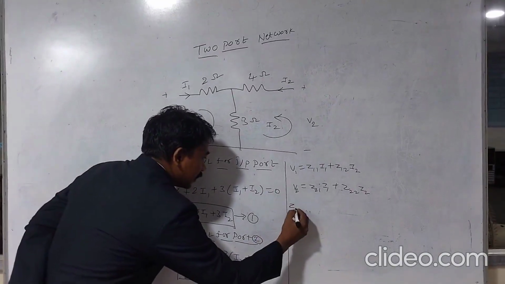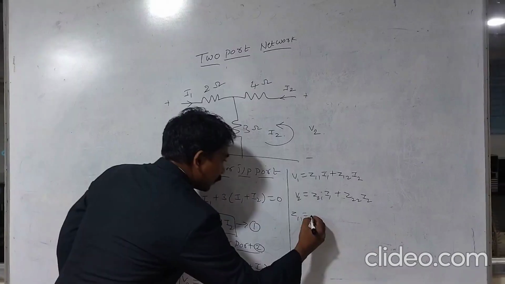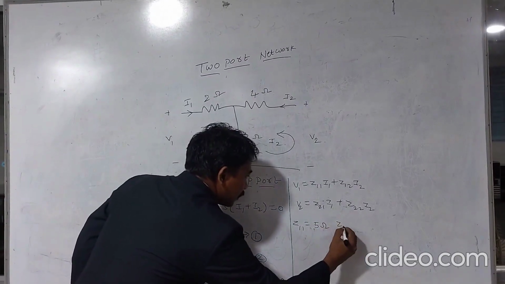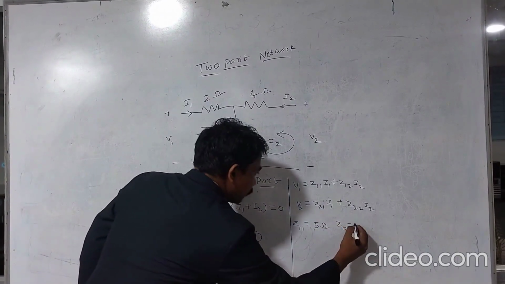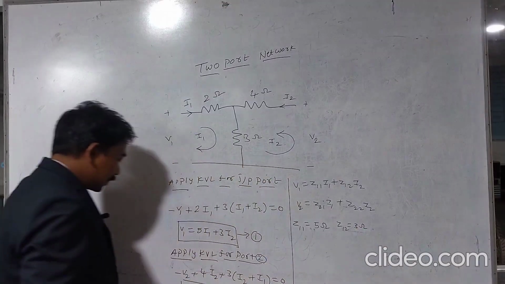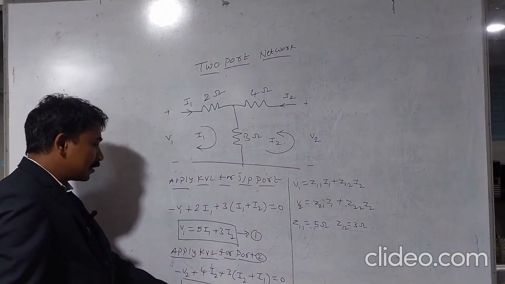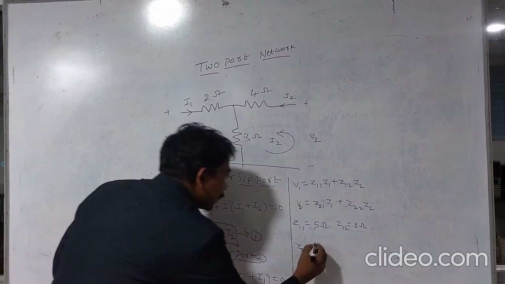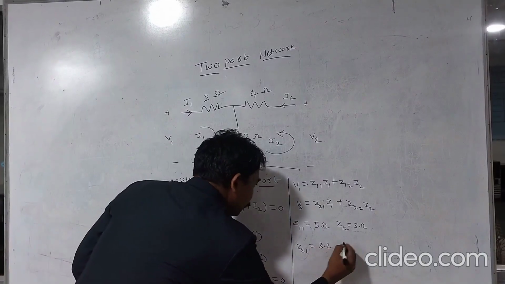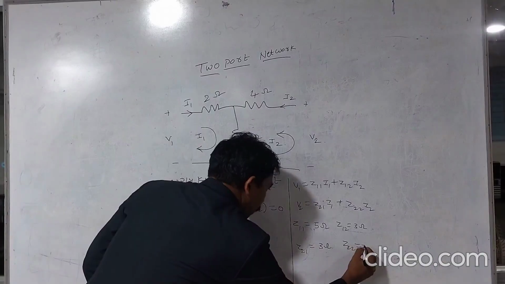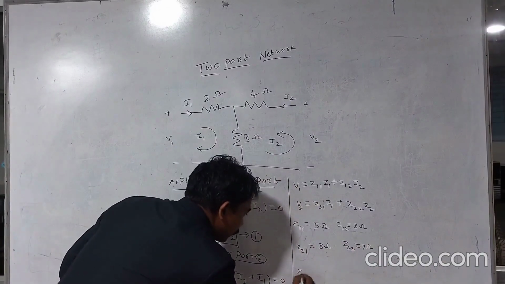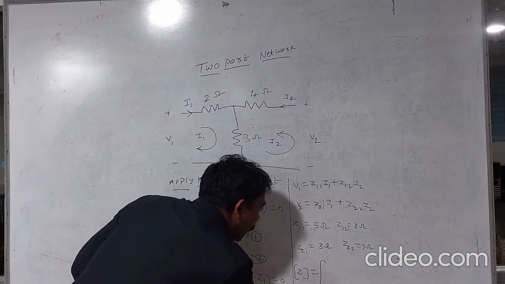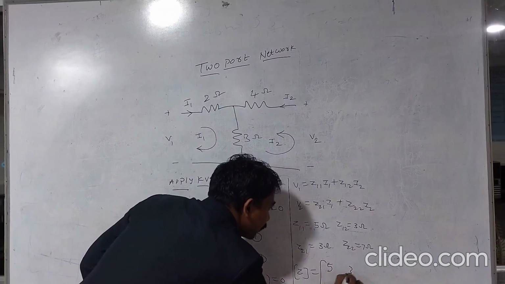So you can derive that Z11 equal to 5 ohm, Z12 equal to 3 ohm. From the second equation, V2 equal to Z21 I1 plus Z22 I2, Z21 equal to 3 ohm, and Z22 equal to 7 ohm.